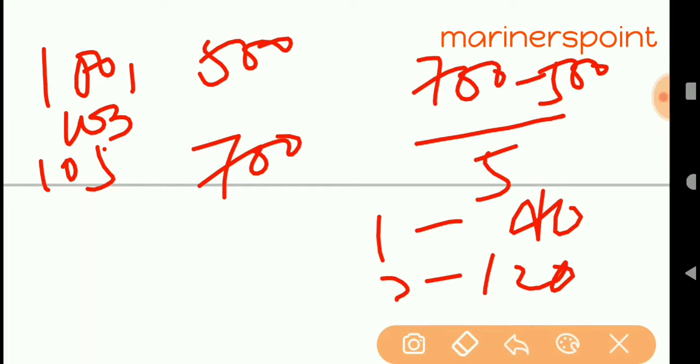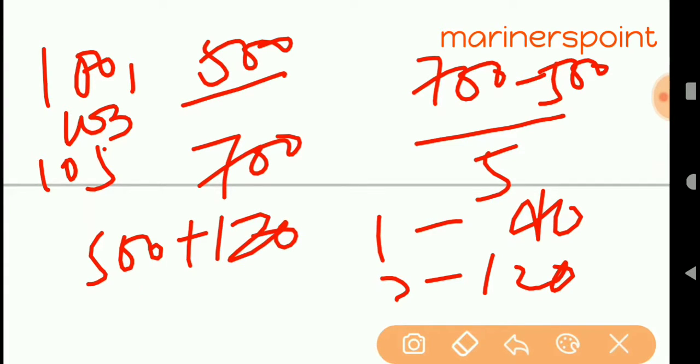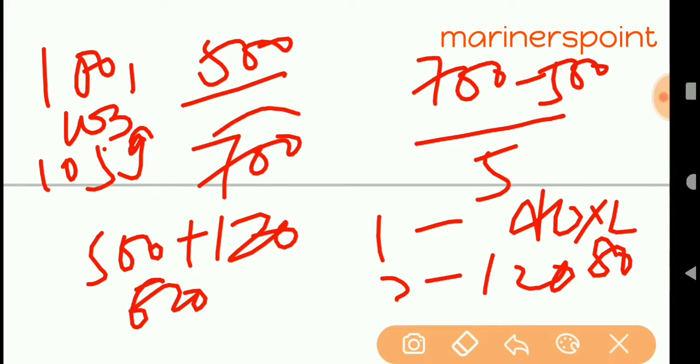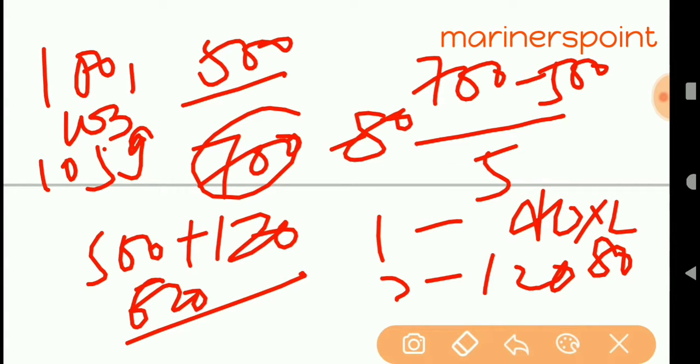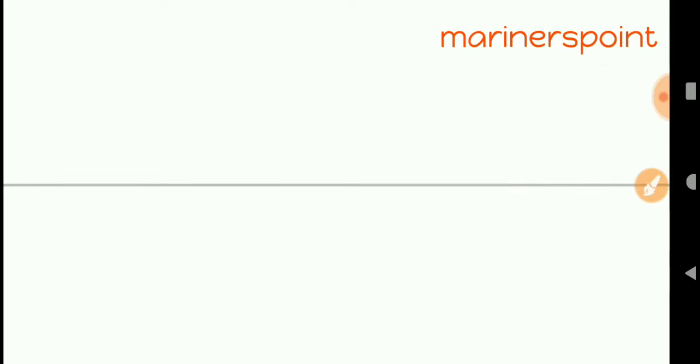Then what is your answer? 500 plus 120, 620 is your answer. Or you can go like this: you get 2 less, that means in reverse direction. For 2 you will get 80, then you do 700 minus 80, and you get 620. Okay, then you can calculate volume on centimeter like this by using the unitary method. Now you get my point.